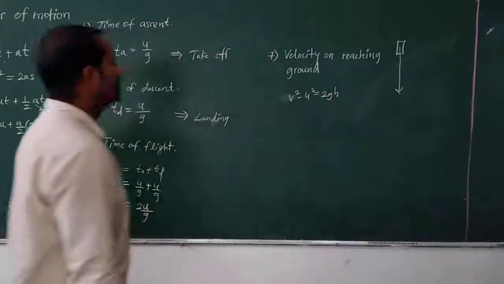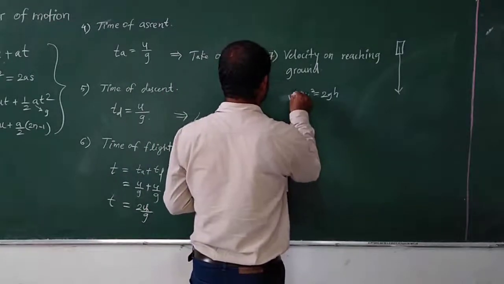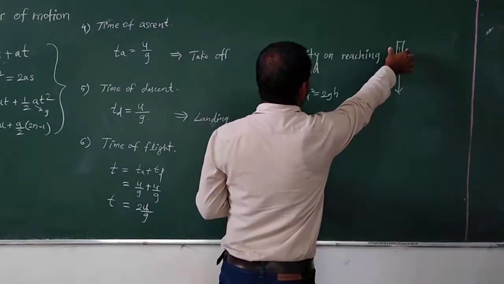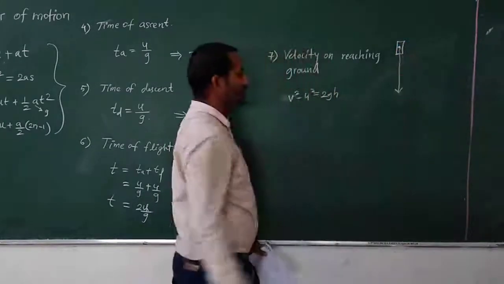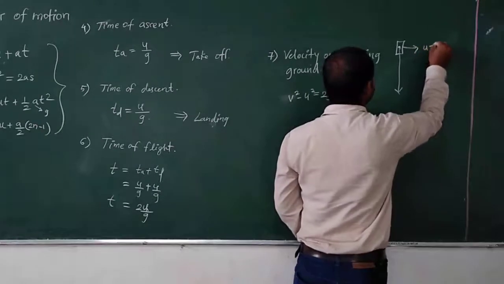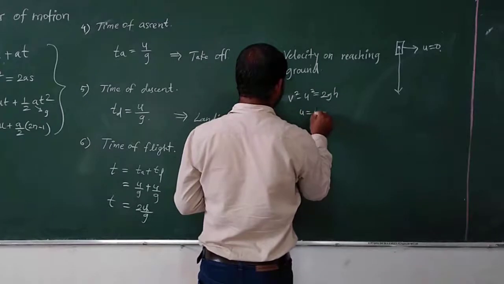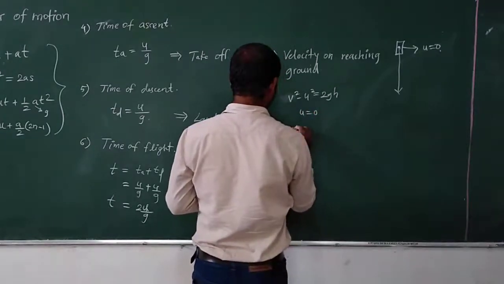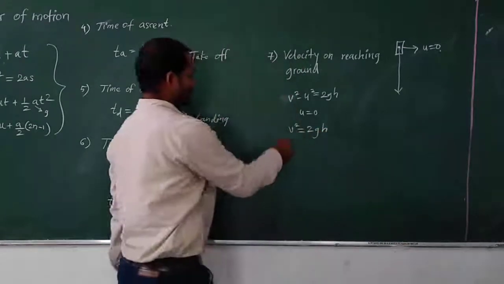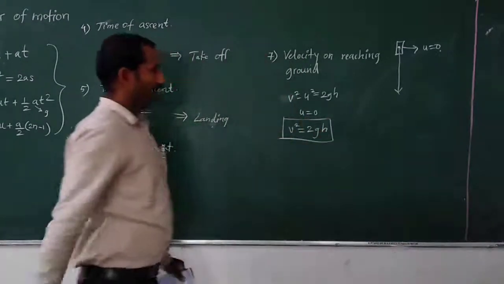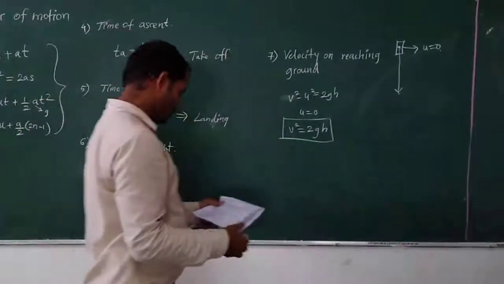But for a body dropped from some height, the initial velocity u is 0, so the equation becomes v square is equal to 2gh. By this equation we can find the velocity of the body when it reaches the ground.